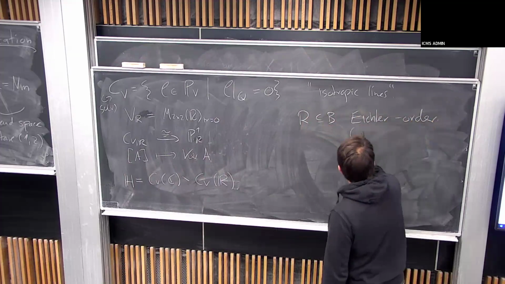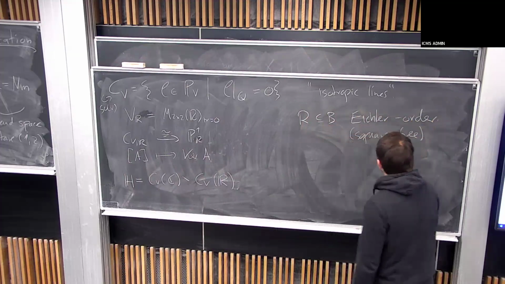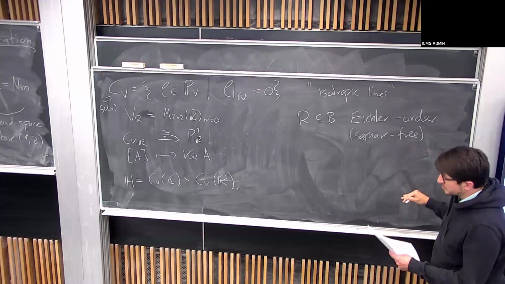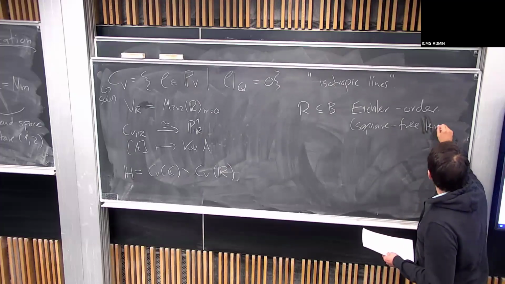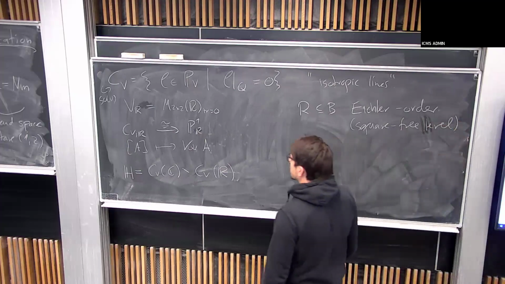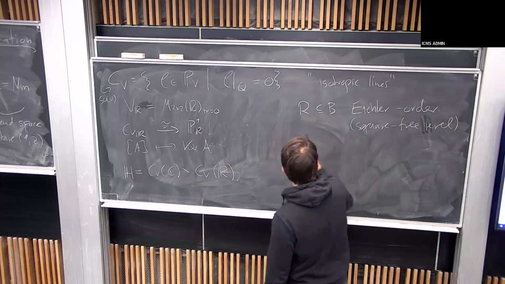Furthermore, I choose R to be an Eichler order. It's not important for the statement of the theorem I first give, but later in our approach, we somehow need a square-free level. Okay. And then we can look at the Shimura curve attached to this level.